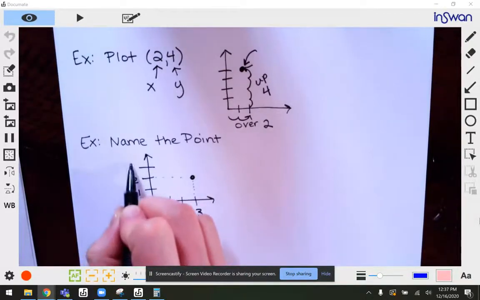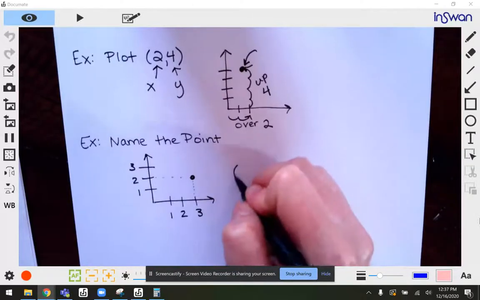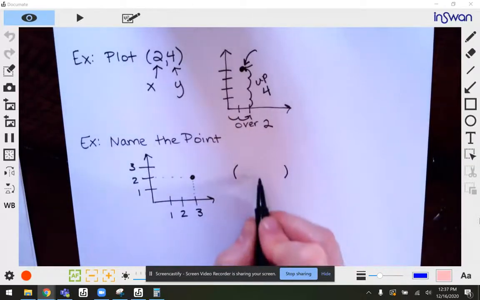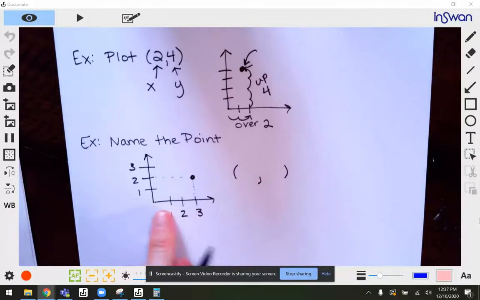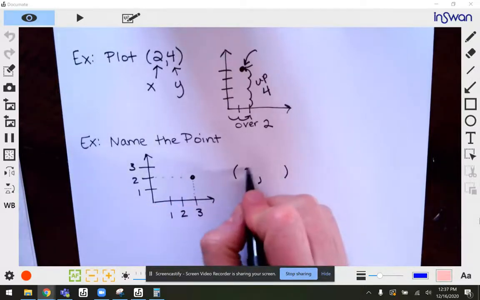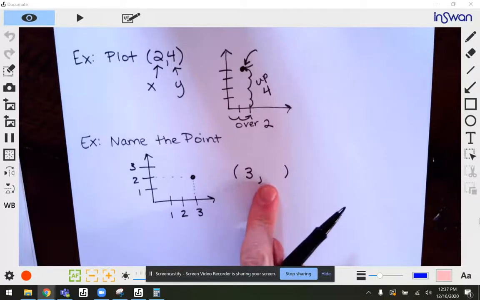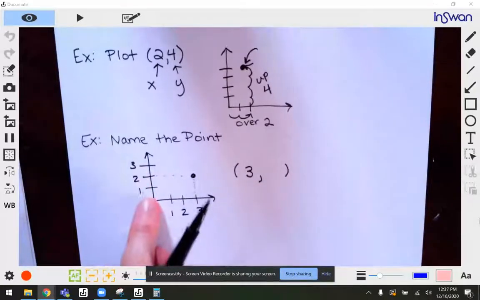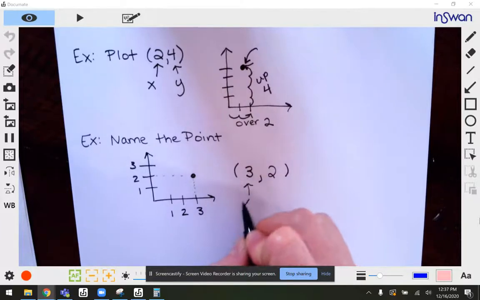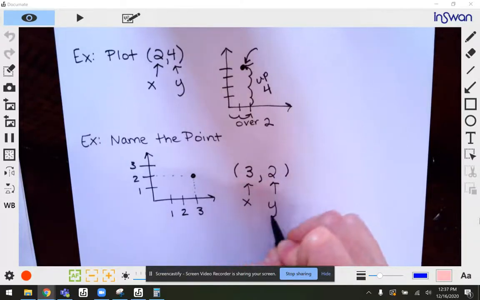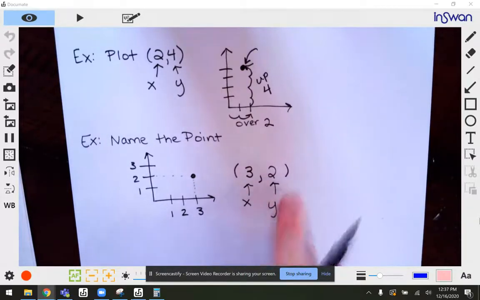So you would make your parentheses and your comma, and your x goes here. So on the x-axis, you're going to count over 1, 2, 3. And then your y goes here. So on the y-axis, you would count up 1, 2. So this point would be 3, 2 to coordinate with the x and the y.